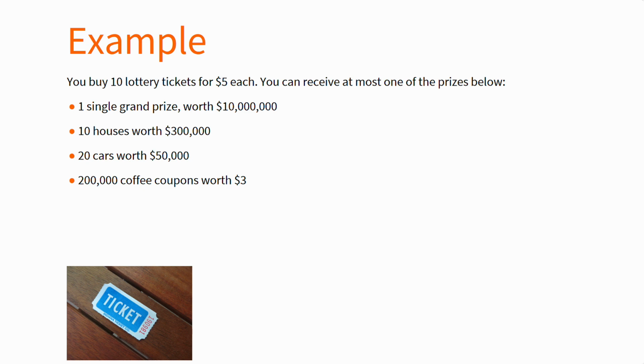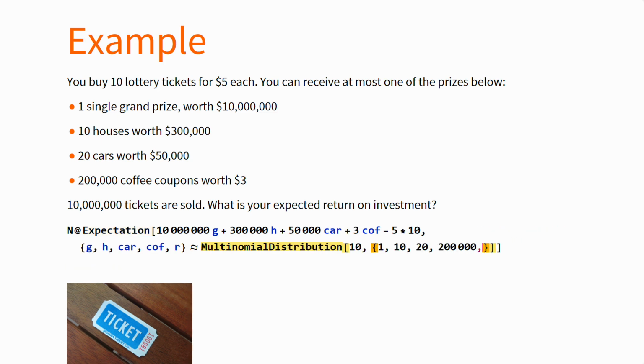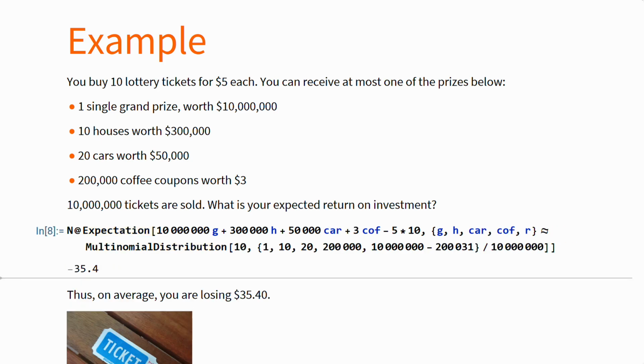For each, there's 1, 10, 20, and 200,000 winning tickets respectively. 10 million tickets were sold. Then what's your expected return on investment? Take the expectation of the sum of the value of each prize minus the cost, considering the probability of each prize and the probability of a losing ticket, and you have, on average, a loss of $35.40.